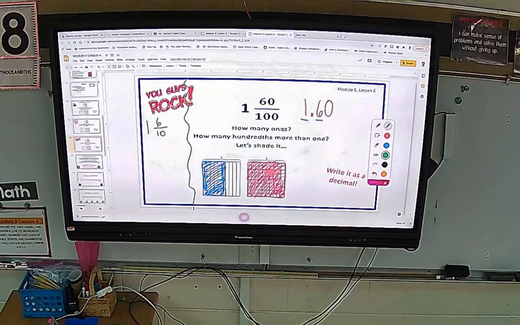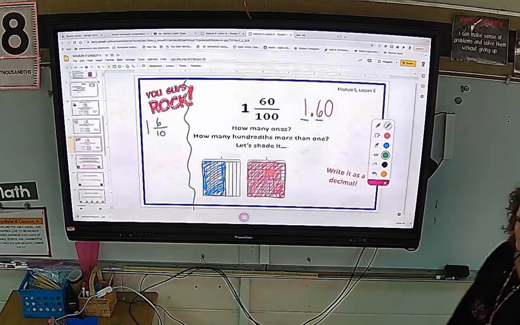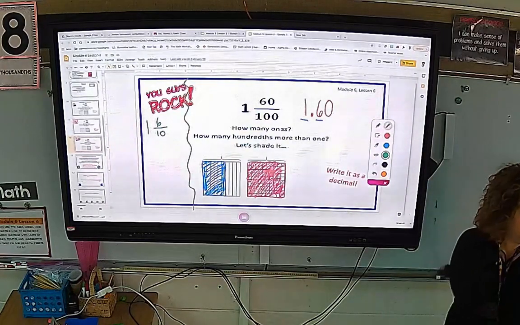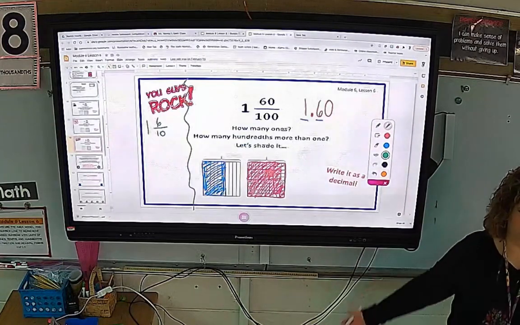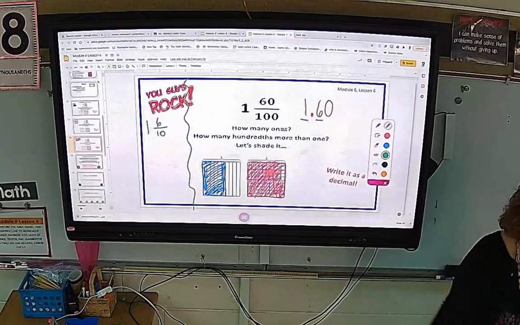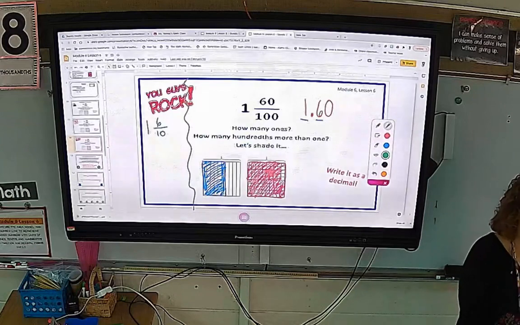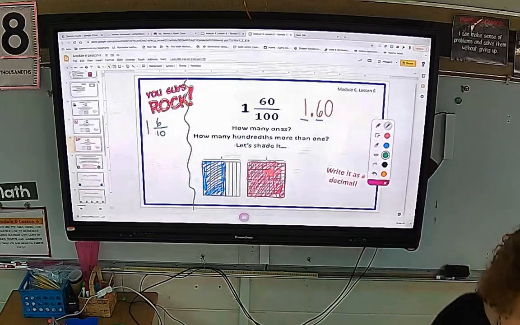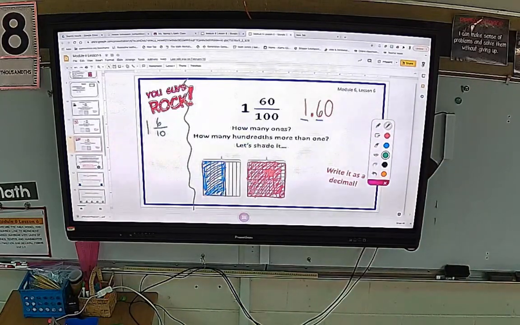Get this one filled in, so I can share what this looks like. What does this look like? Okay. You should be done at this point. How much have you got? Well, hold on.